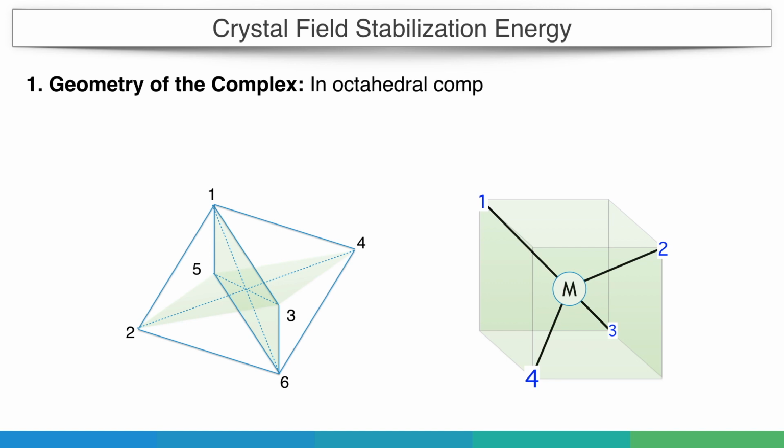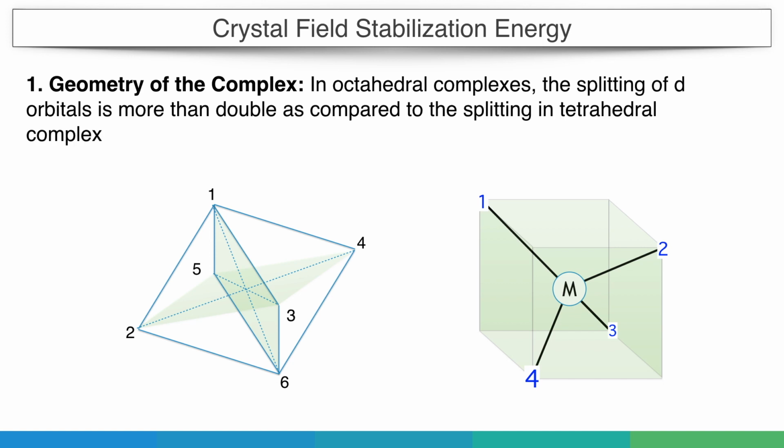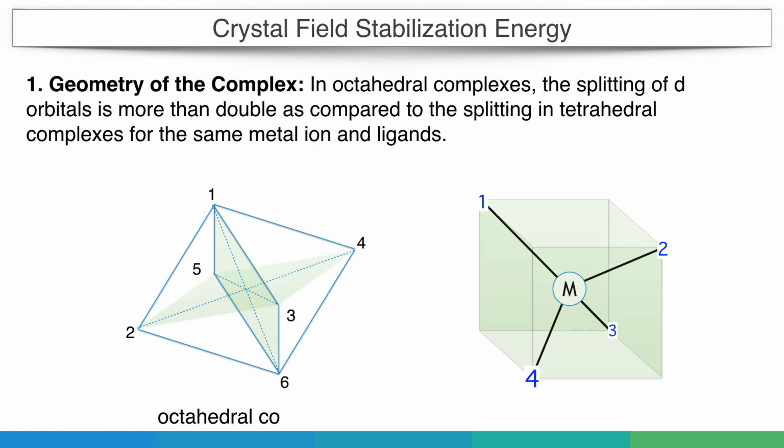In octahedral complexes, the splitting of d orbitals is more than double as compared to the splitting of tetrahedral complexes for the same metal ion and ligands. This is because in octahedral complexes, 6 ligands are involved, while in tetrahedral, only 4 ligands.